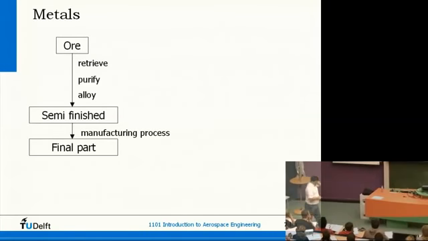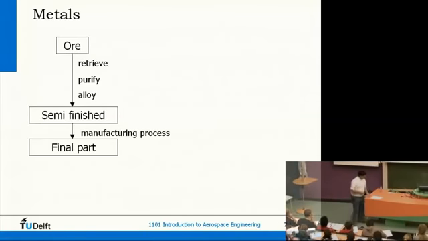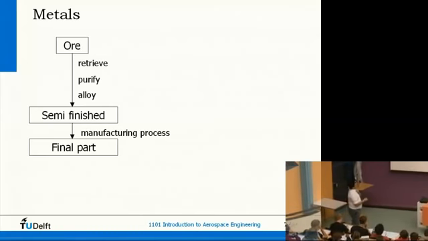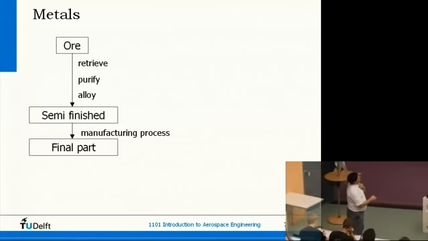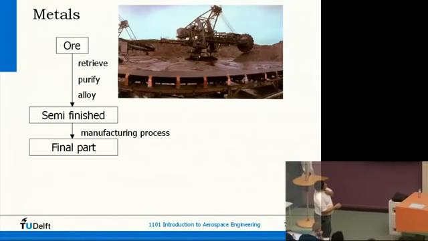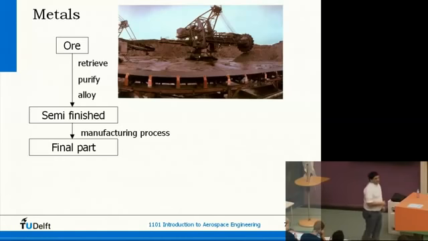Okay, let's have a quick look at some of these materials. First of all, I would like to look into metals. And as we all know, metals are derived from ore, which is retrieved from the earth, like this one. Here you see some very big cranes gathering the soil, and later on it is purified and alloyed.